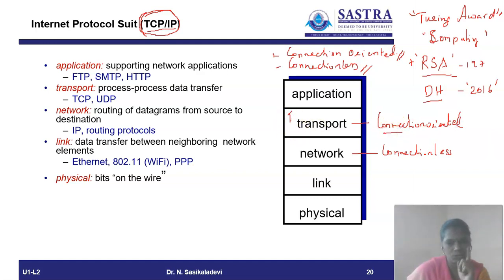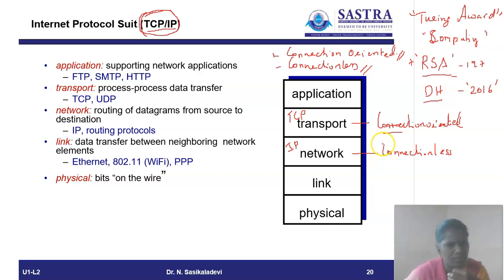We have only one connection oriented transport protocol, that is TCP, transmission control protocol. We have only one connectionless protocol, which is IP, internet protocol. So the internet is a combination of connection oriented transport service and connectionless network service.